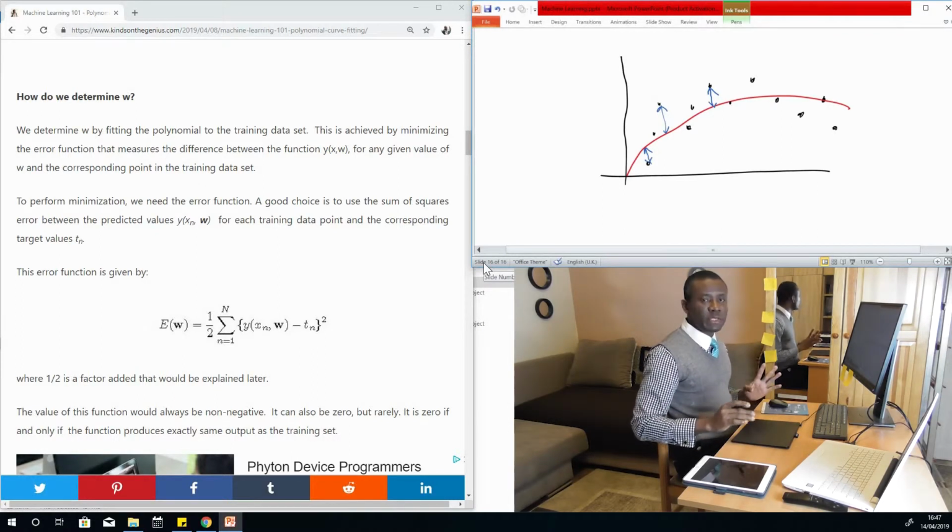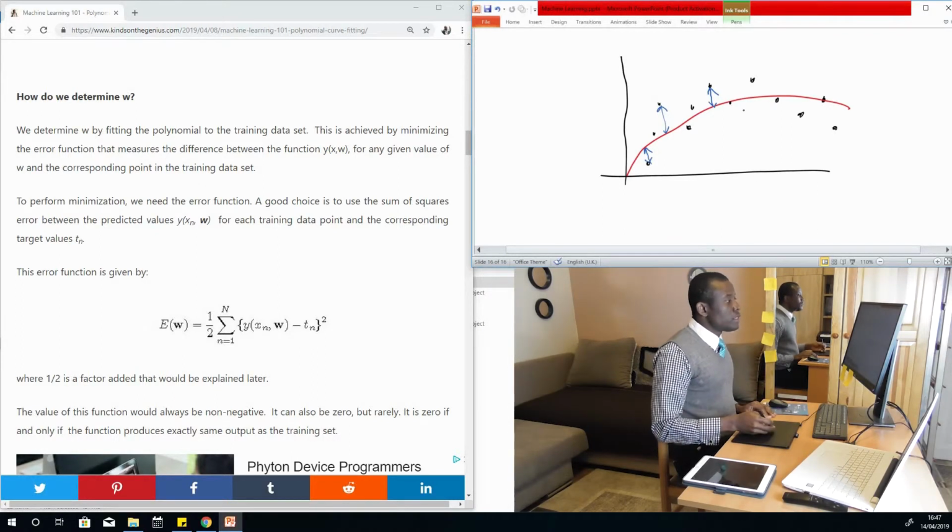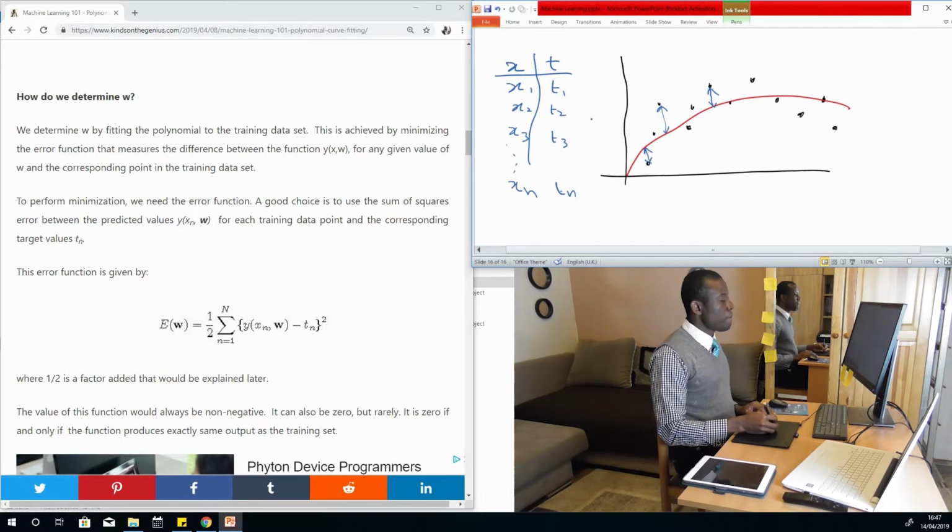Anyway, let me not complicate the matter. Now, let's say this is our data set, and we have x and we have t. We have x1, x2, x3, t1, t2, t3, all the way to xn. This one goes all the way to tn, right?